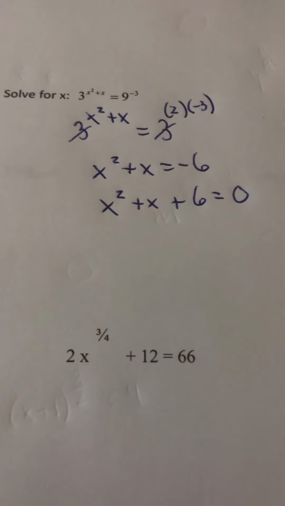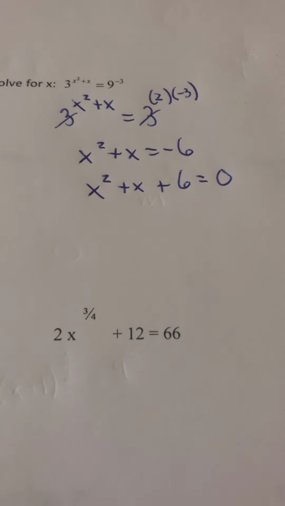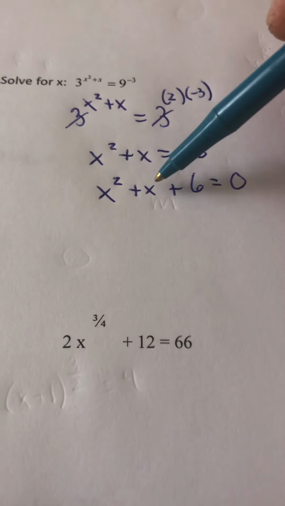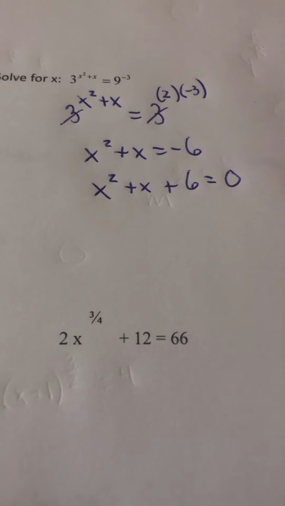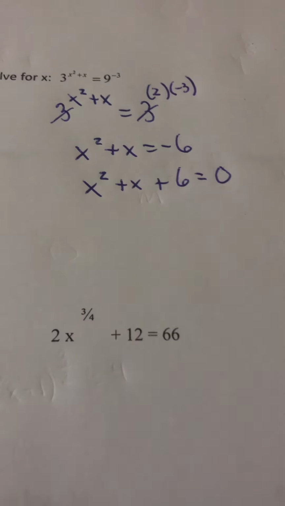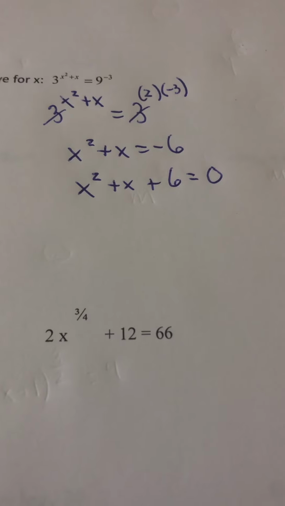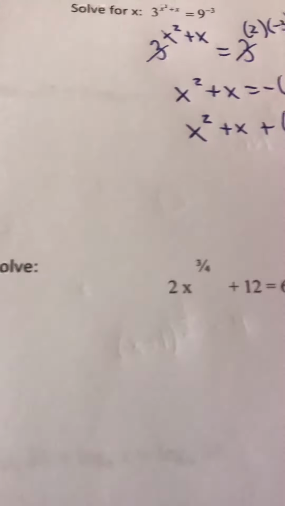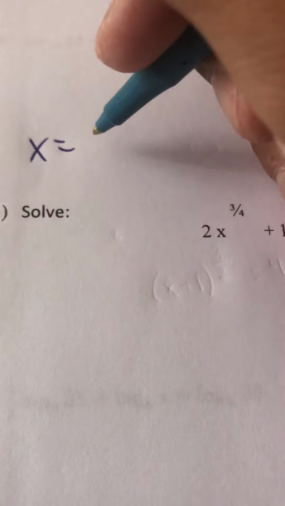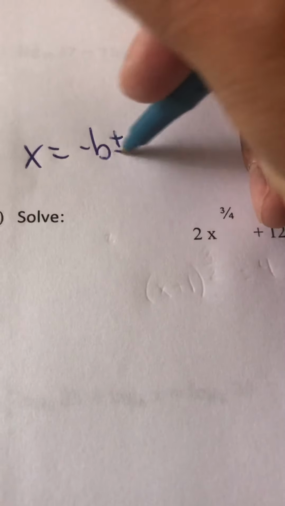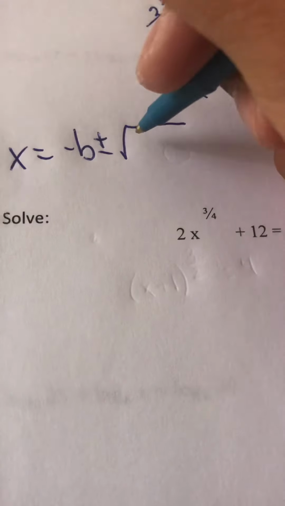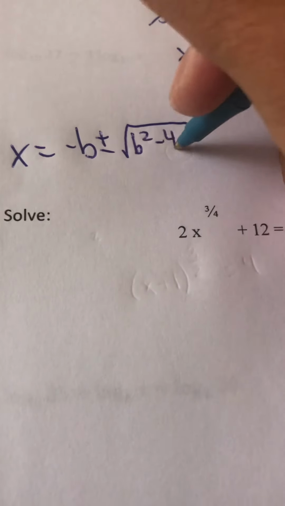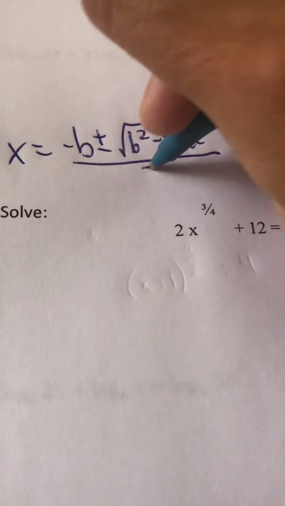Now for this one, this is non-factorable because there are no factors of 6 that will give me a positive 1x. So because of that, I have to use either the quadratic formula or completing the square. I'm going to use the quadratic formula. So I'm going to use x is equal to negative b plus or minus square root b squared minus 4ac all over 2a.